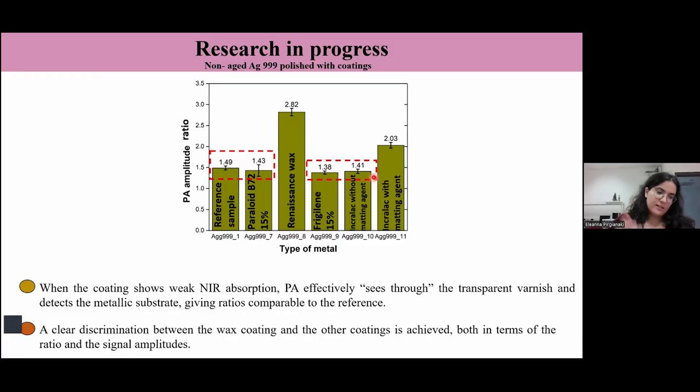And this means that all these varnishes, at least before aging, are transparent at both wavelengths that we use, 532 and 1064 nanometers, and the technique can still detect the metallic substrate. But this is not the case for the wax and the Ingralac with matting agent varnish, which appear to be not transparent, especially to the 532 nanometer laser, and we can no longer obtain signal from the metallic substrate.